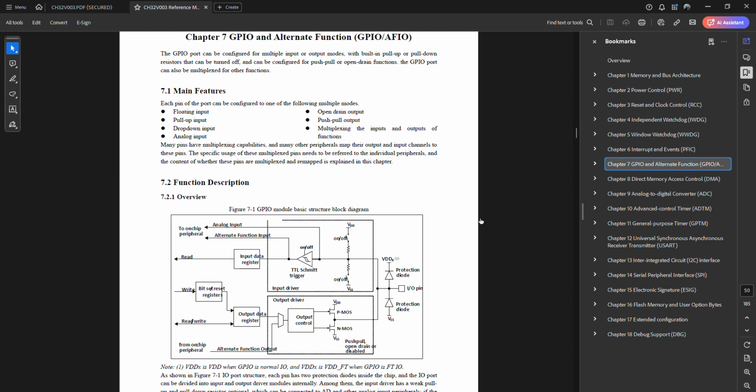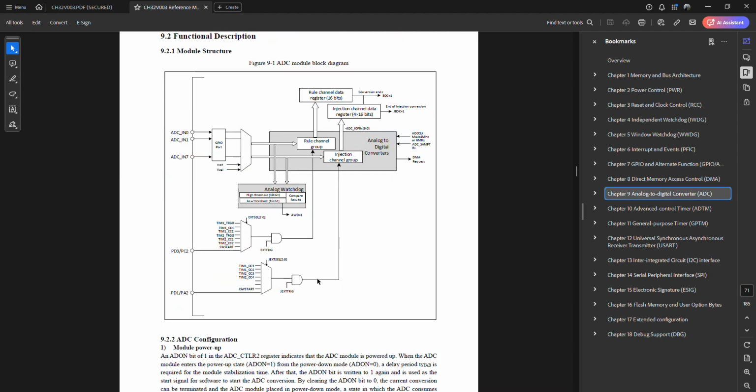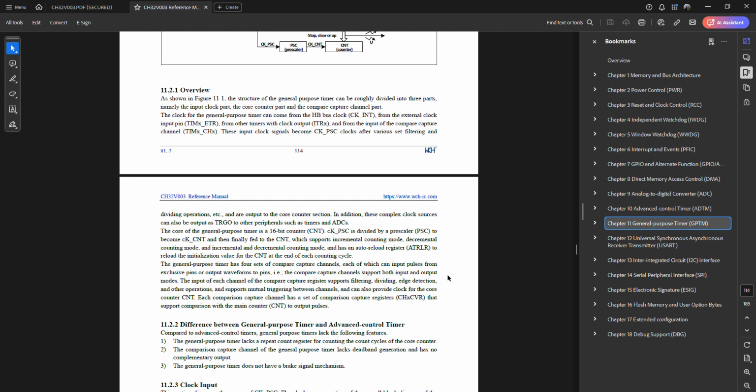Then looking into the GPIOs, we will again see very much the same thing as we will find with any microcontroller. The ADC is yet another thing that is similar, and also the timers.